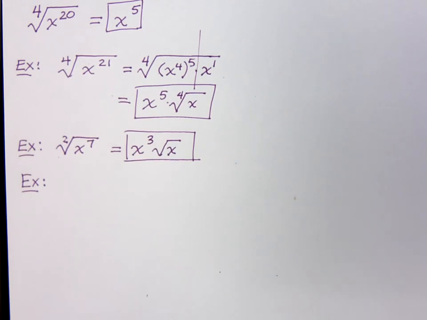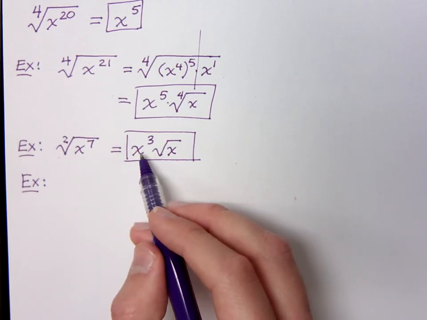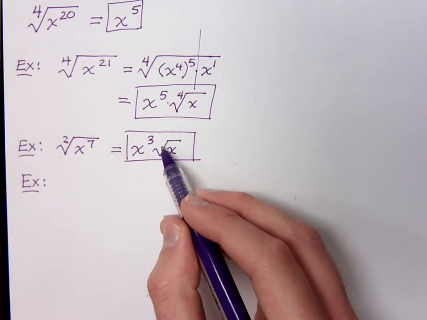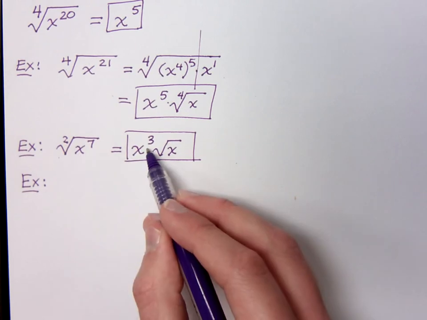But how come on the second example there's nothing to cancel? Oh, this is an index of 2. I didn't need to write that. I did it for emphasis because it's a square root. So the 2 is still there. You're doing 7 divided by 2, 3 whole times with 1 left over.